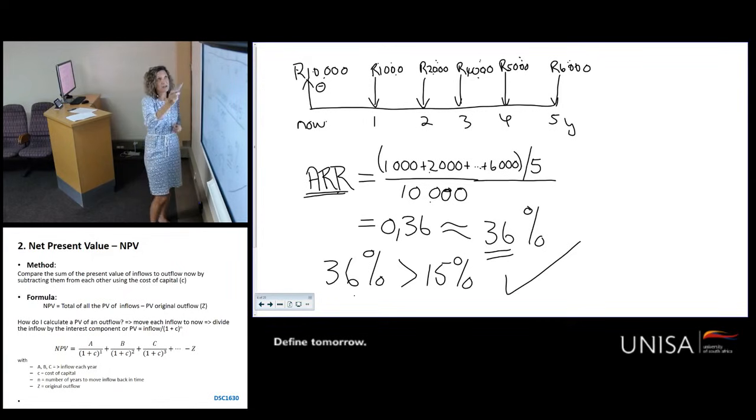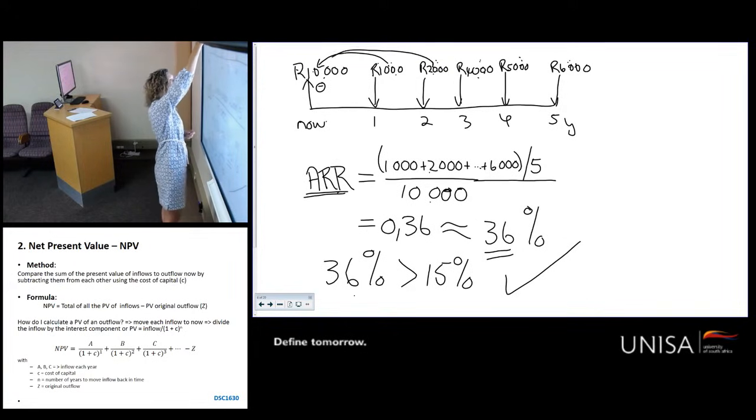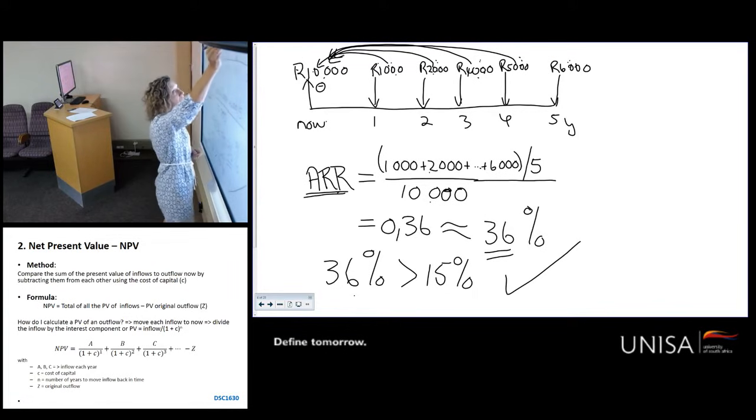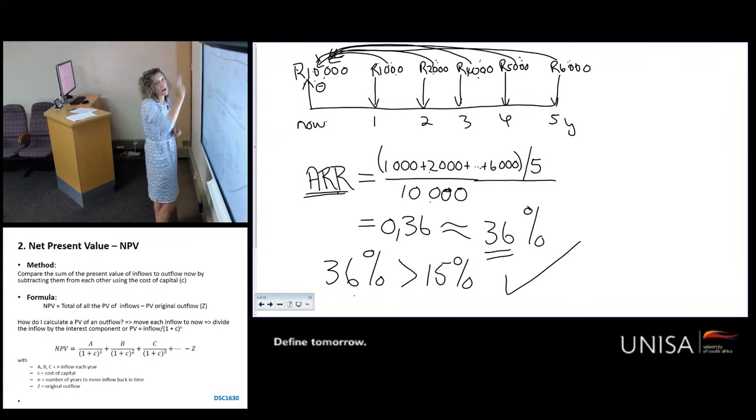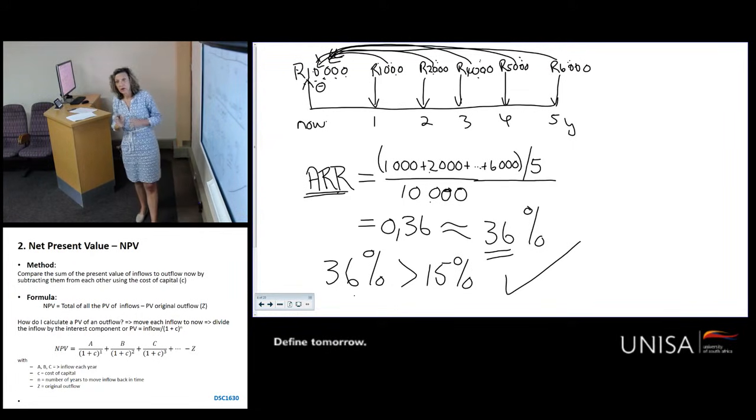We take these values and we move each one of them to now. Then we add them together and we compare them with this 10,000 Rand. So net present value is the present value, meaning now, of all the inflows.